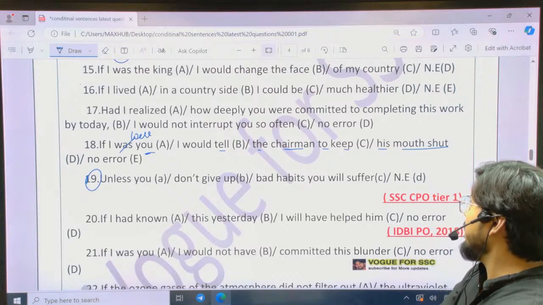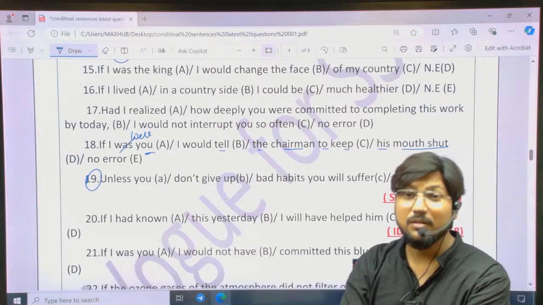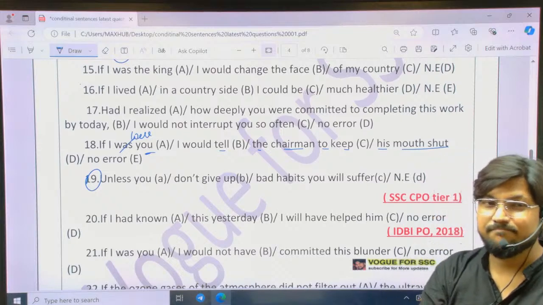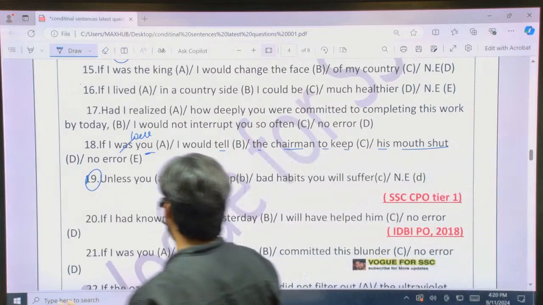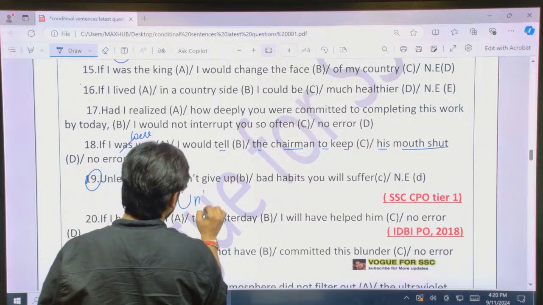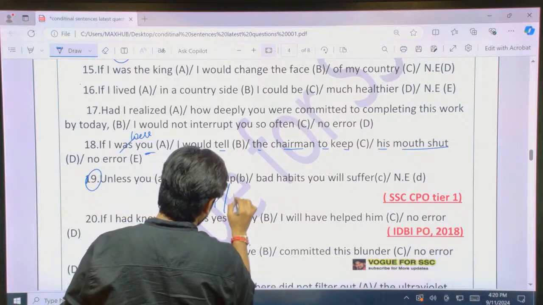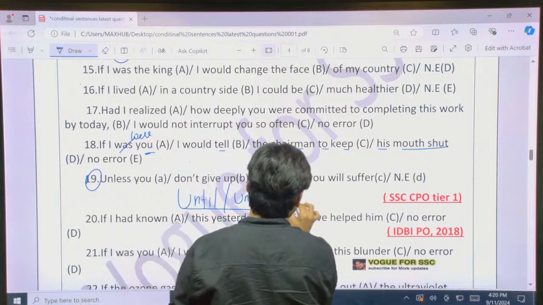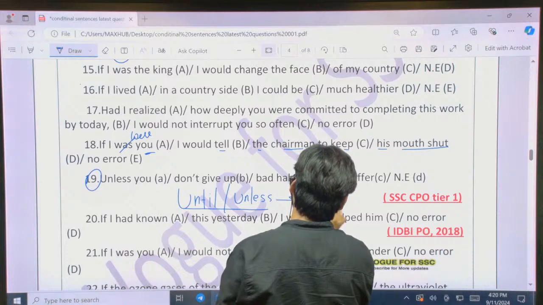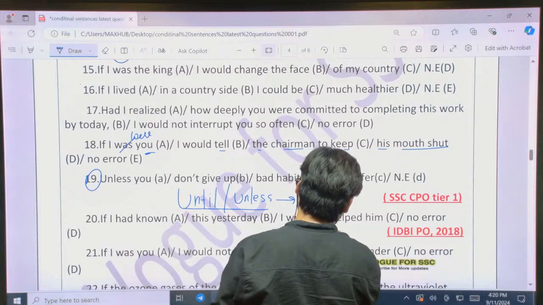Unless you don't give up bad habits, you will suffer. Now come to this point of view and we're gonna over the class. If you're using until or unless, so both the words are negative words.